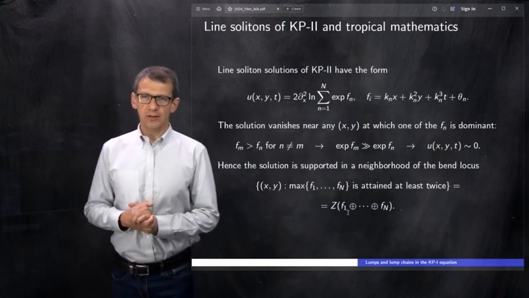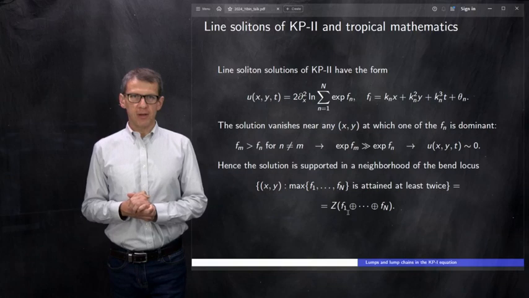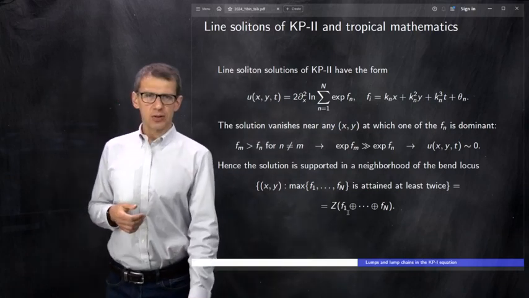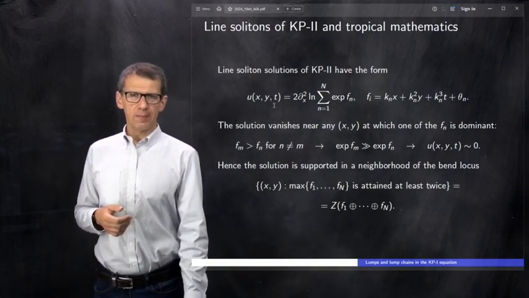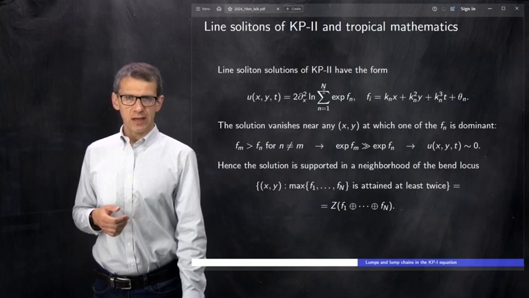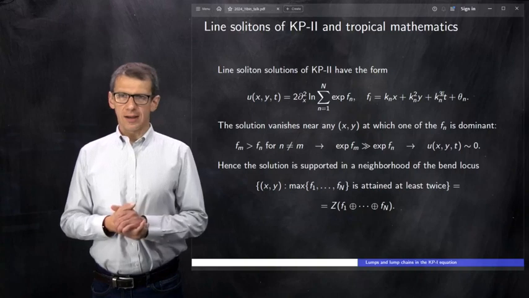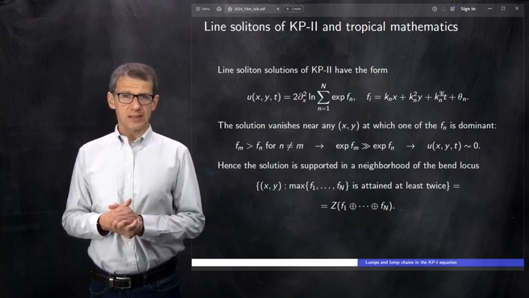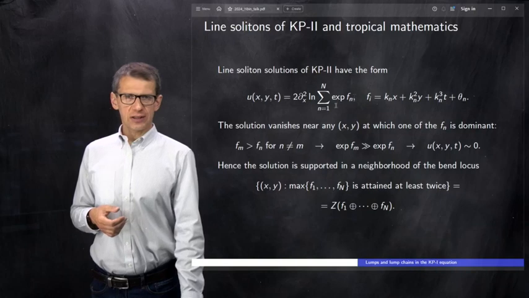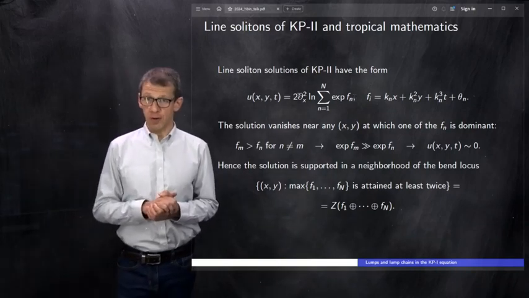Okay, so what does this have to do with the theory of integrable systems? So line soliton solutions of KP2 have the following form. The solution is a second logarithmic derivative of a tau function, and a tau function is simply a sum of exponential functions which are linear in x, y, and t. Okay, so now if you take just a single exponential function and you plug it into a second logarithmic derivative, you get 0.